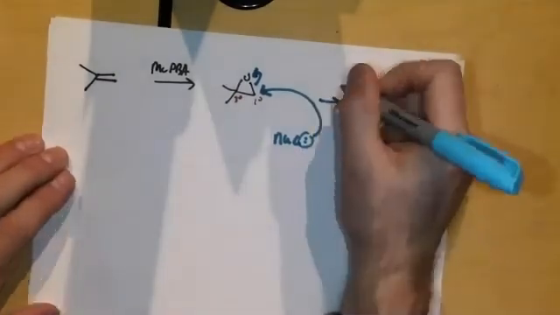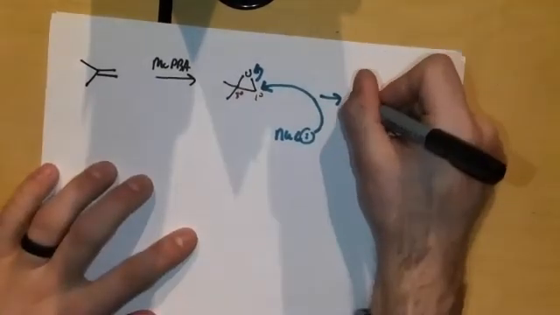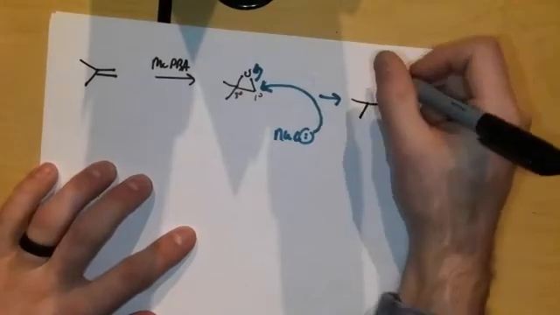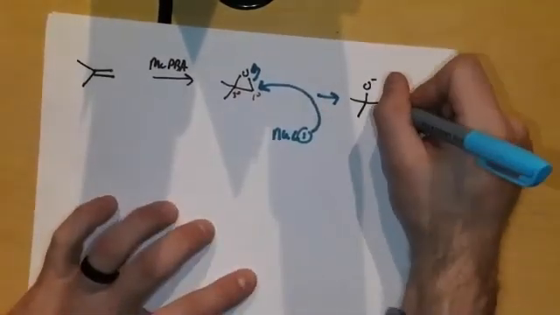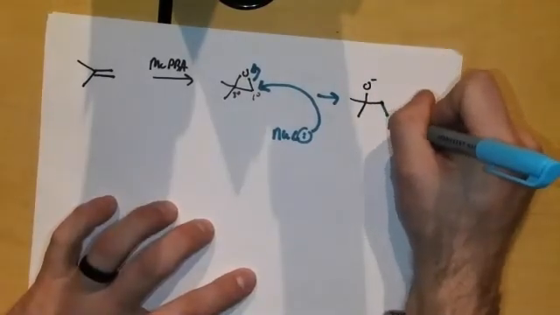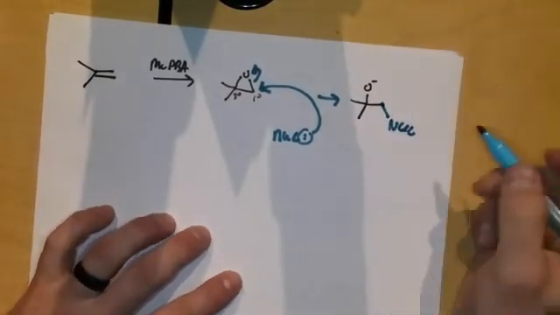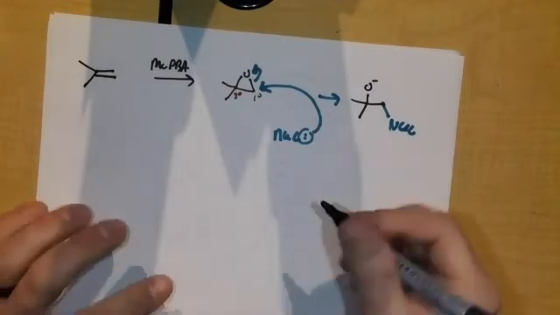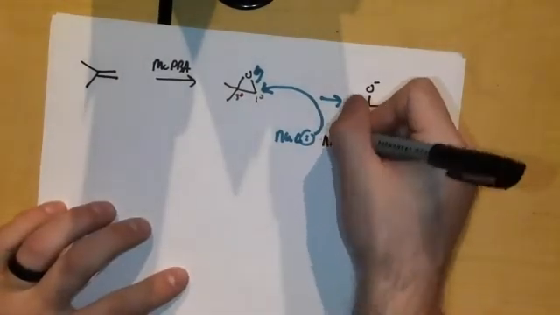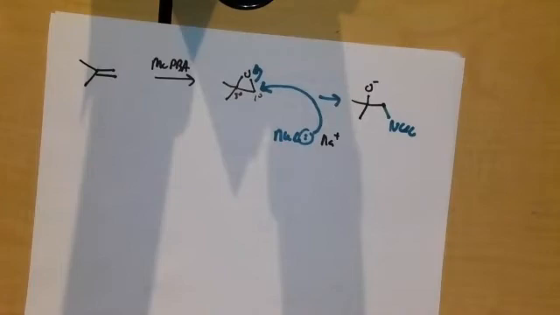Going to kick out the oxygen as an alkoxide, and we can add something to this secondary center. There's a whole bunch of these. I'll talk about them in a minute. But essentially, usually it's like Na plus, and then whatever our nucleophile is.